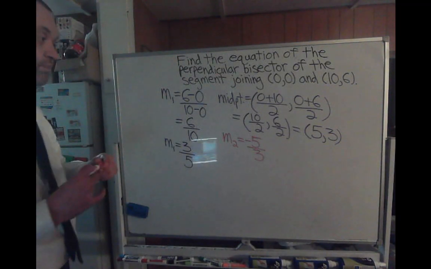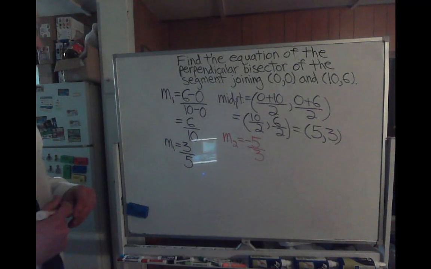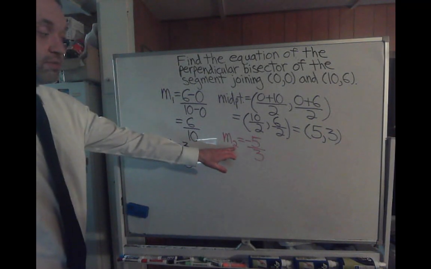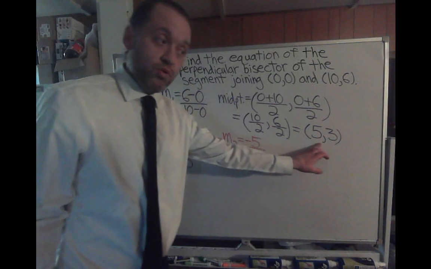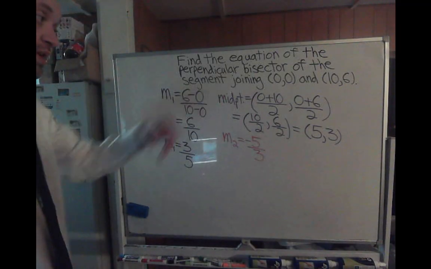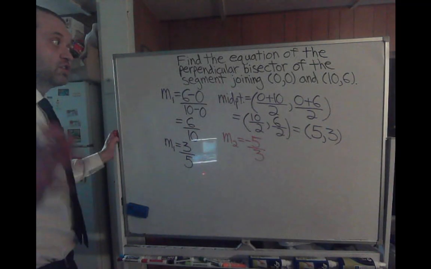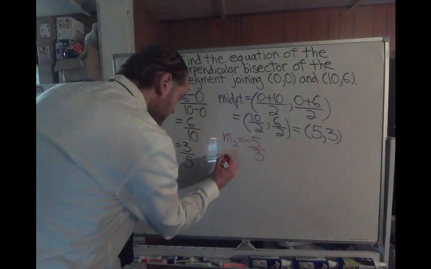Alright? Now, we know the slope of the perpendicular bisector, and it passes through the point 5, 3, right? At the midpoint of that segment, we can do point slope form and find the equation of the line.